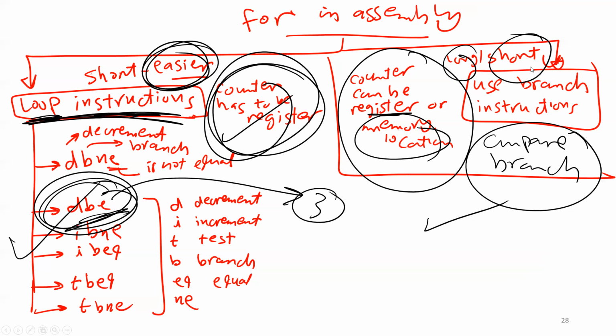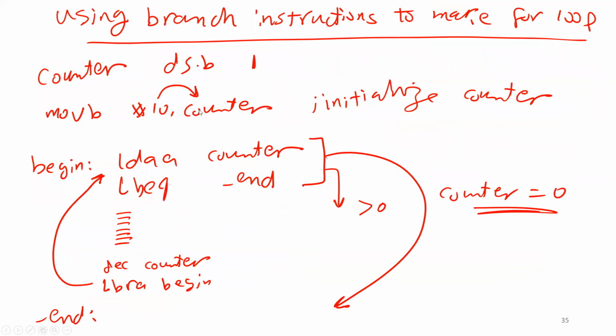I already explained this one, so I'm going to go through it quickly. I explained this example last time. I'm going to use a memory location, whatever you call it; I'm going to call it counter. Then I'm going to initialize it with the number 10, as you see here, guys.